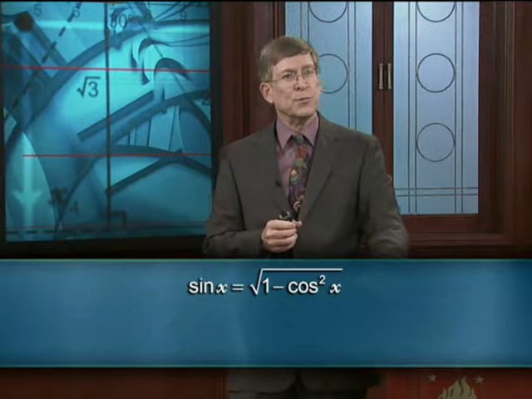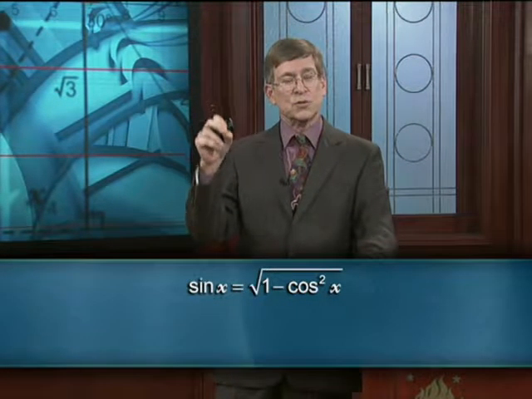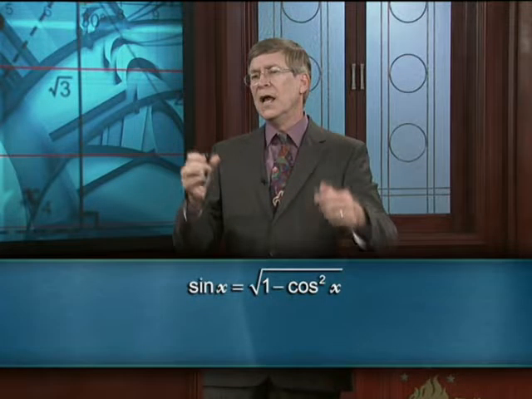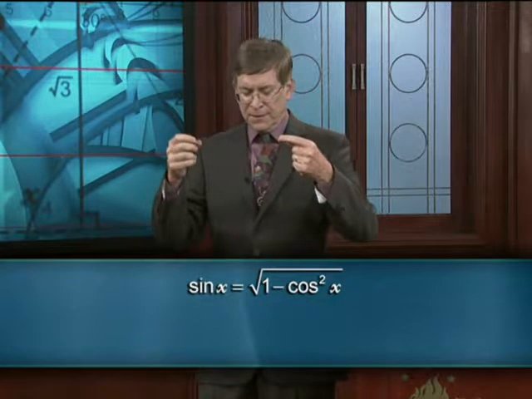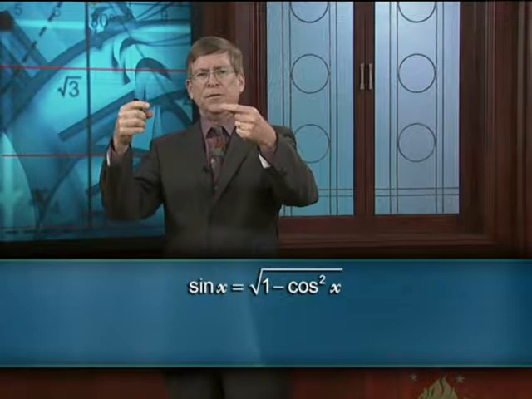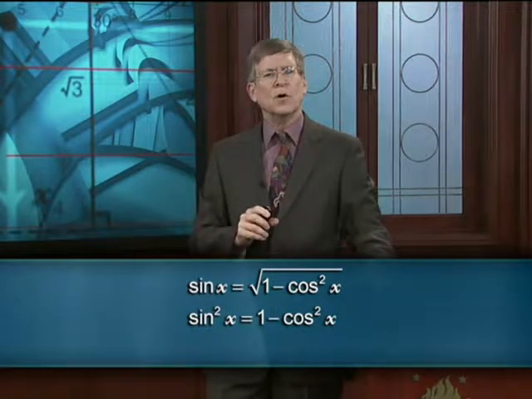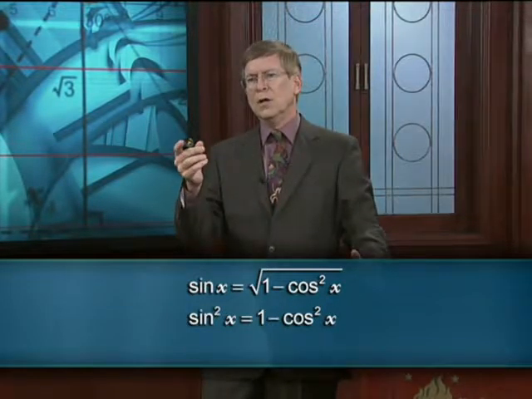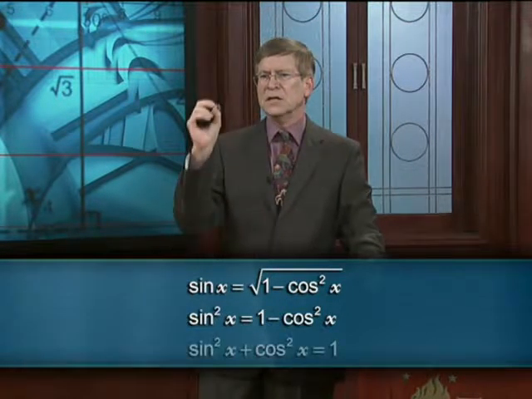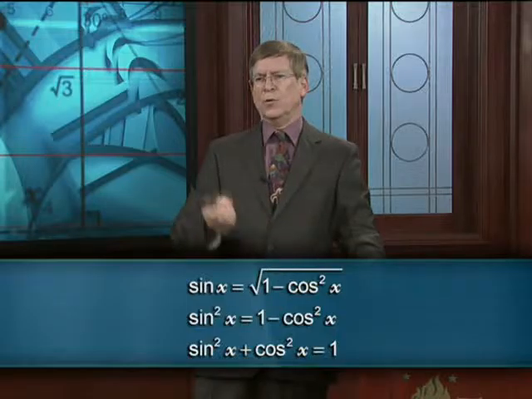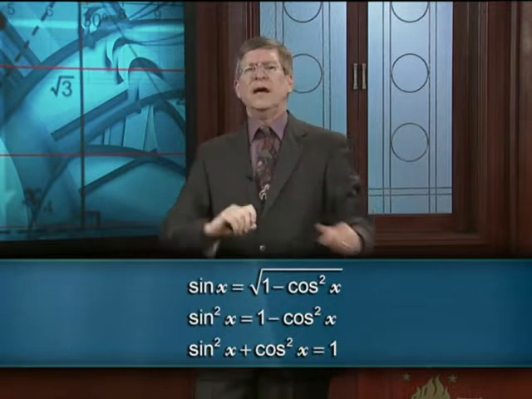This is a false proof. Sine x equals square root of 1 minus cosine squared. I want to prove that. So the incorrect method would be to start with that statement and manipulate it. Square both sides. Sine squared equals 1 minus cosine squared. Oh, and that's the fundamental identity, sine squared plus cosine squared equals 1. I arrived at a true statement.